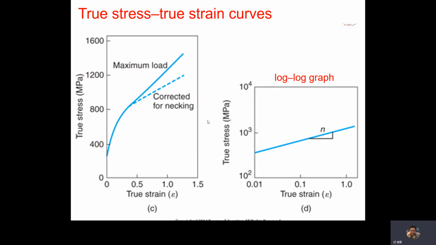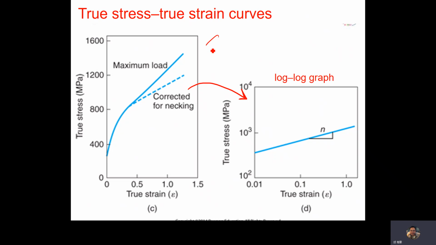So let's look at this. When we converted the stress and strain curve from the engineering stress and strain, we get figure C, right? And we take the log of the true stress and strain curve.